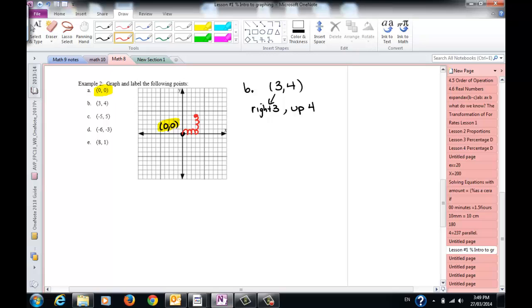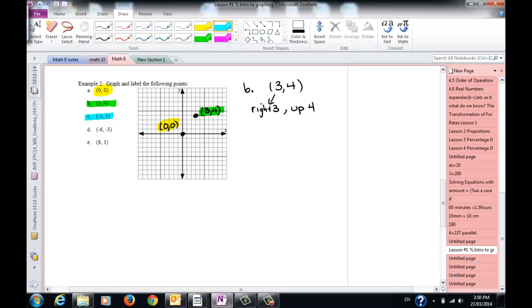And then I'm going to put in my point. I can erase these little marks if I want to. Those are just helping us get there, but this here is our point. So I'll color it in black, and I'm going to write 3, 4 next to it. And that's all we had to do for B.